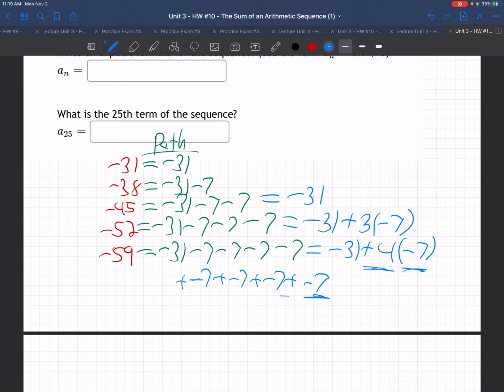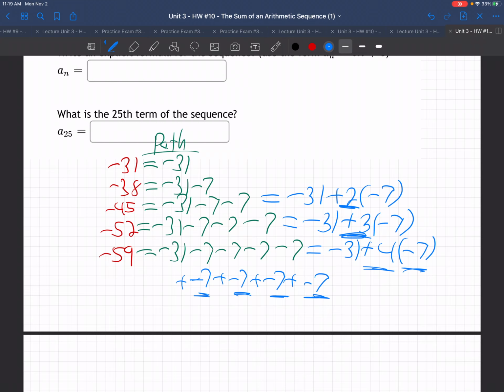You're adding negative 7 four times. You're not subtracting negative 7, because subtracting negative 7 would actually be plus 7, wouldn't it? So that's not right. I was about to make a mistake. So you're adding negative 7 three times. You have adding 2 times negative 7, right? So you've got to be a little careful there.